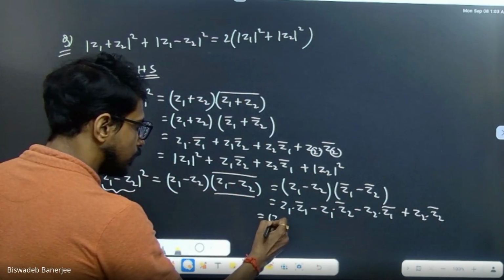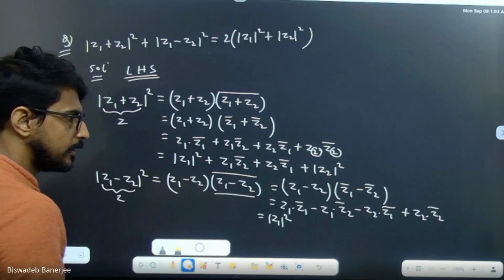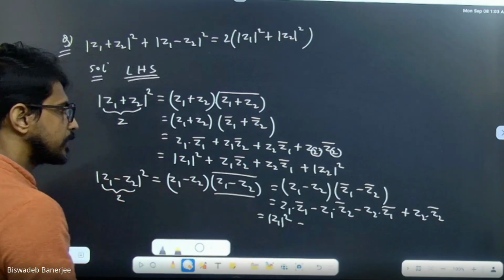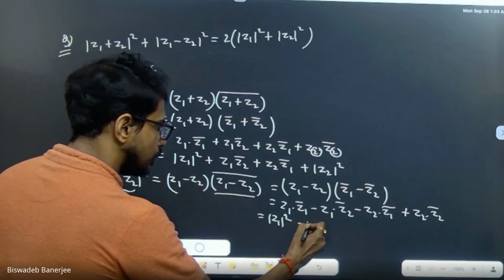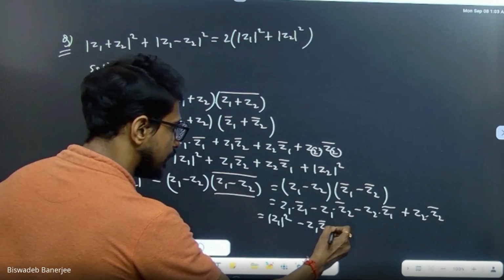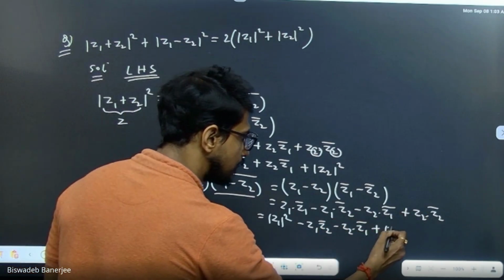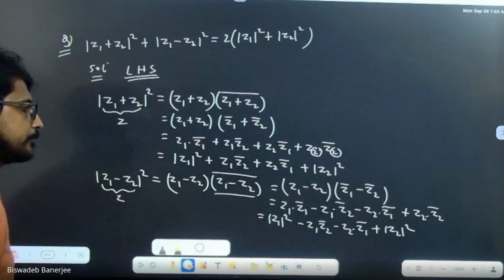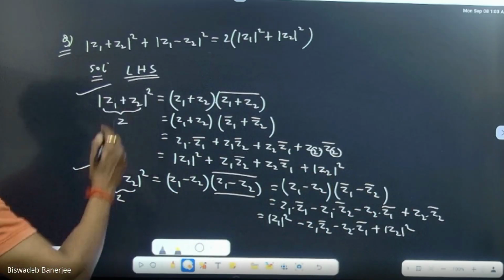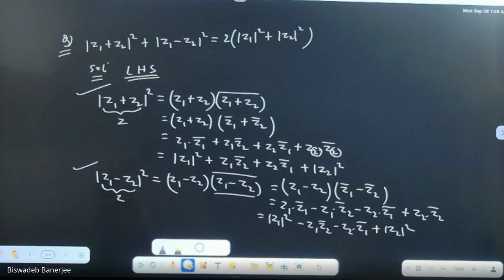Now Z1 into Z1 bar is my mod Z1 square. This portion you can't do anything with, it is given as it is. And Z2 into Z2 bar will be mod Z2 whole square. So these values are obtained like this.